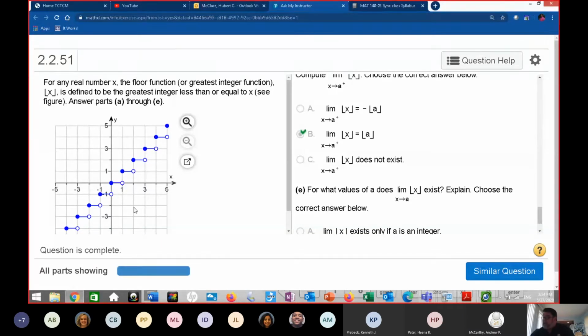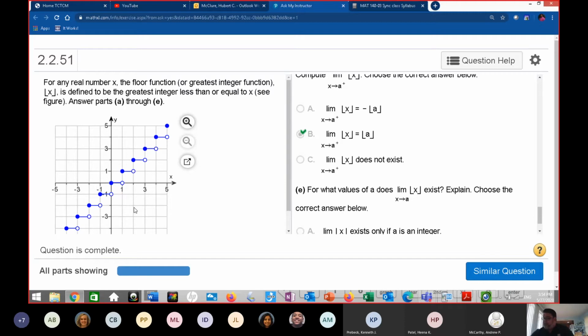So if you've got a decimal, you either got to go up or down. That's why it's so important that you remember this, and you always round down.